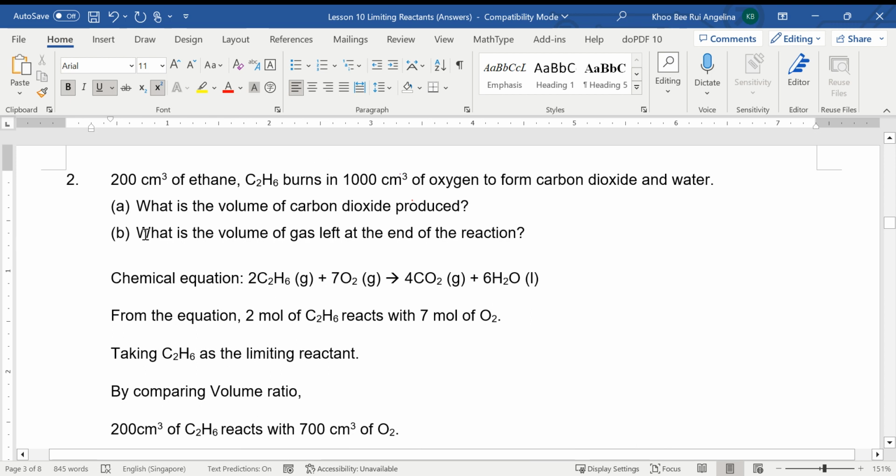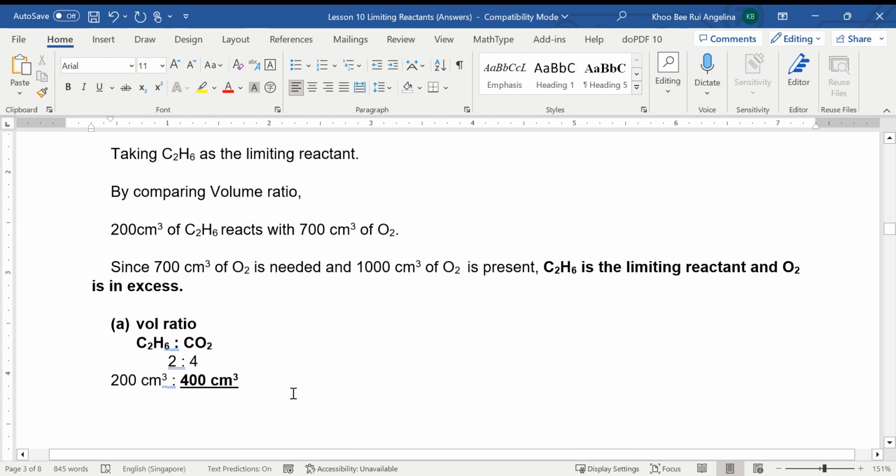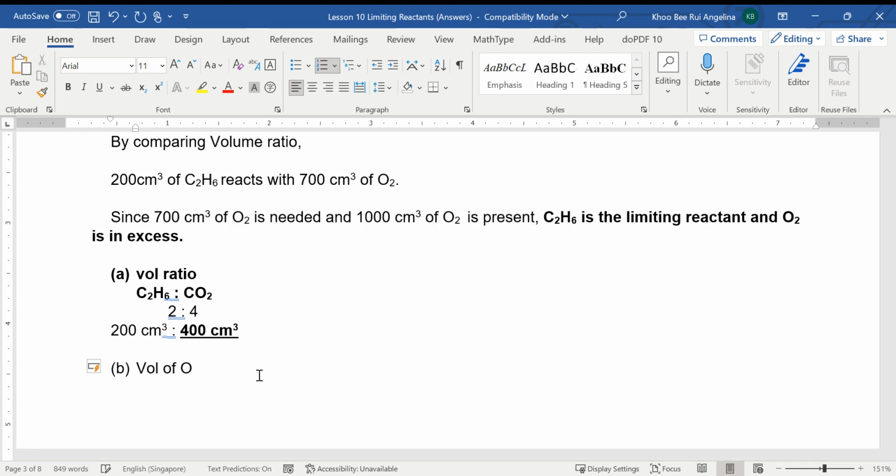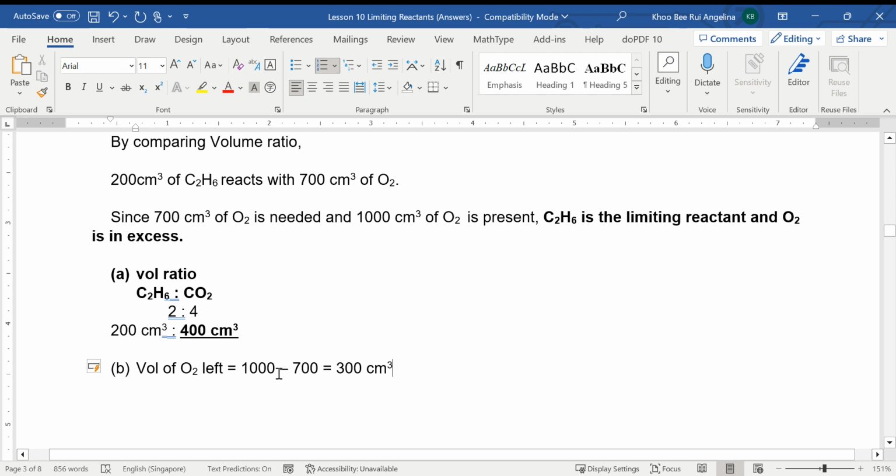The next part, what is the volume of gas left at the end of the reaction? So carbon dioxide I've produced 400, right? And then in this reaction, 700 cm cube is needed. I have 1000, which means volume of oxygen left will be 1000 minus 700 equals 300. Okay, so this is the oxygen that is not used in the reaction.